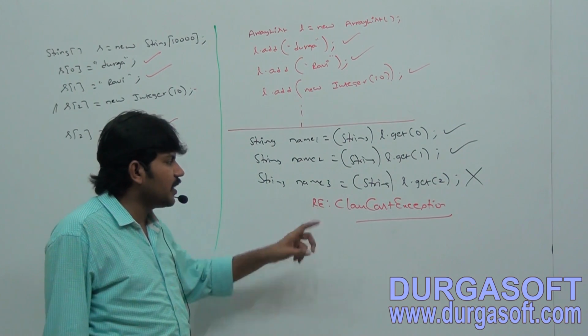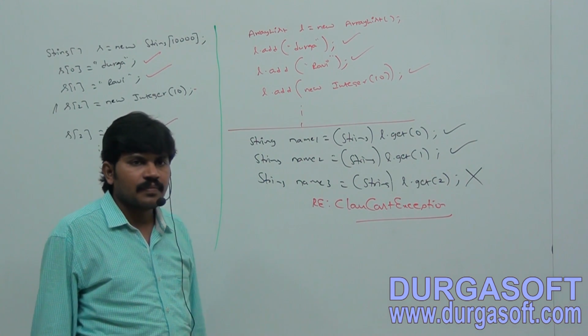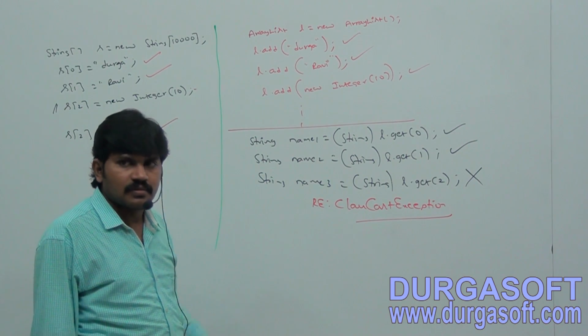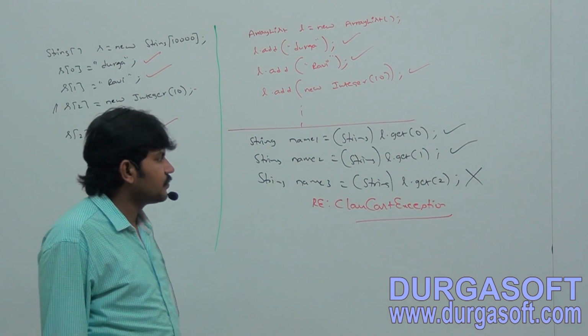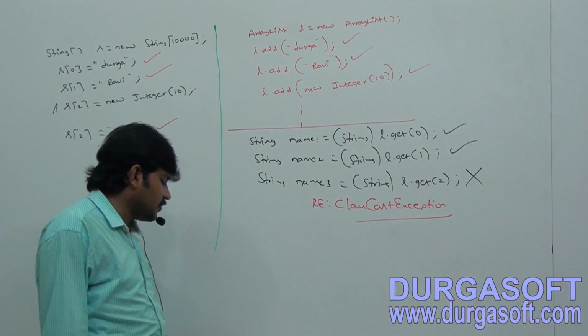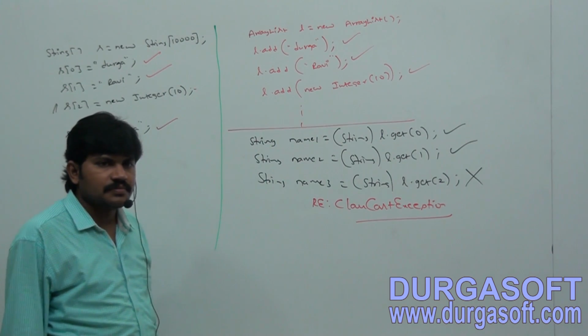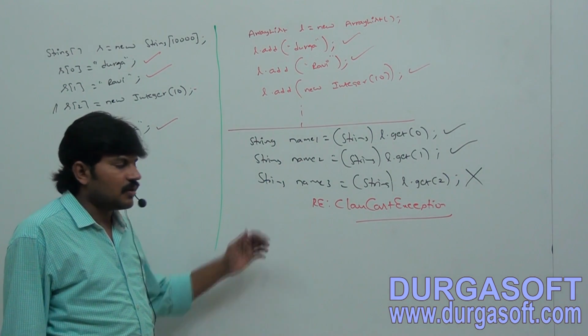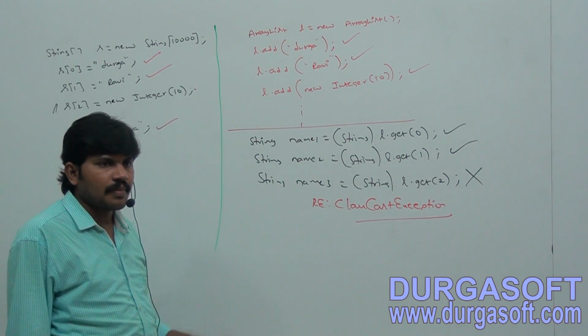So immediately we will get a runtime exception. Can I spell out what is that exception? ClassCastException. Immediately we will get a runtime exception, ClassCastException. Are you able to understand, right?